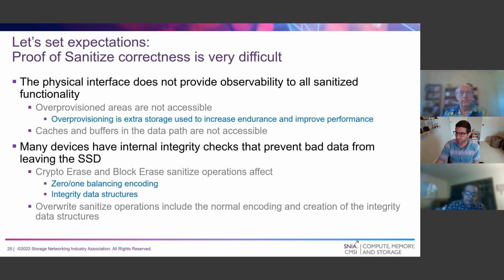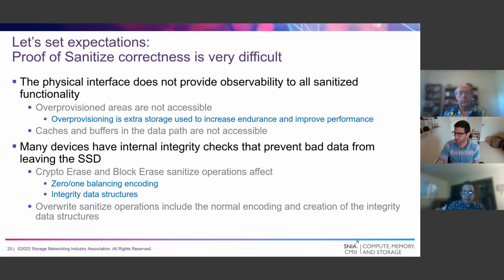Also, many SoCs have internal integrity checks. When we use methods such as crypto erase and block erase, then if you have 0-1 balance encoding, which gets applied during a write operation, or if you have integrity data structures, all of that underlying material is pretty much removed.